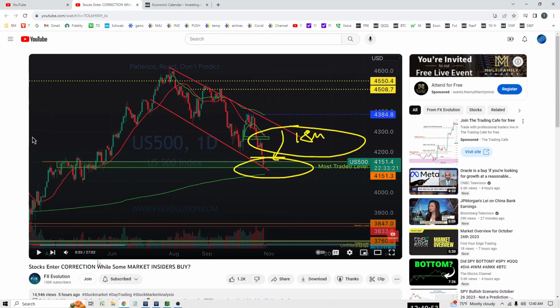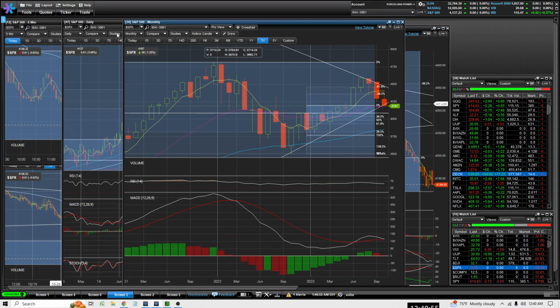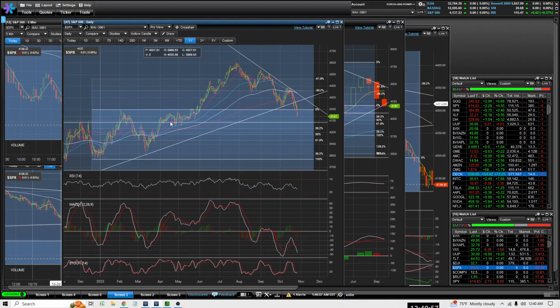But the zone typically, what he's talking about, this zone right here, this channel right here, right? So typically what happens is you'll go down and then maybe you play around with it. So that's the best case scenario, but that's still bearish, right?